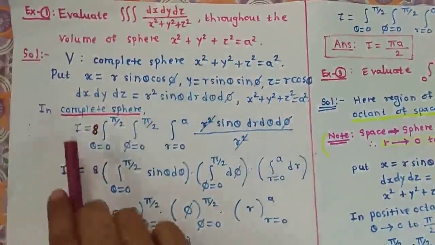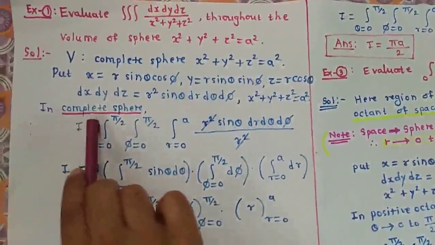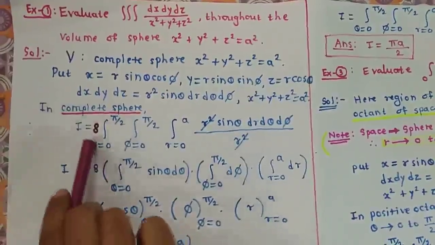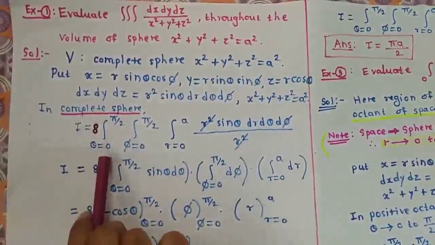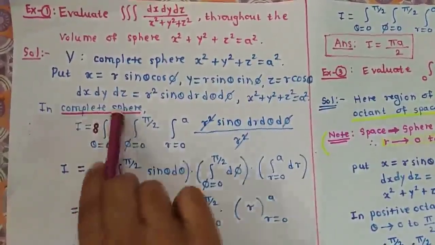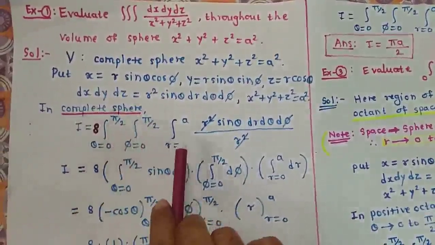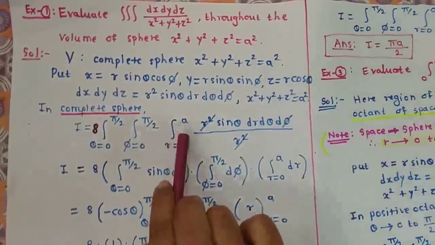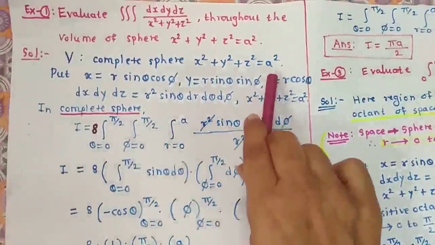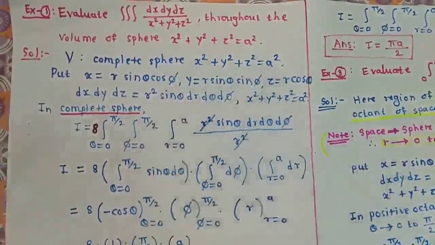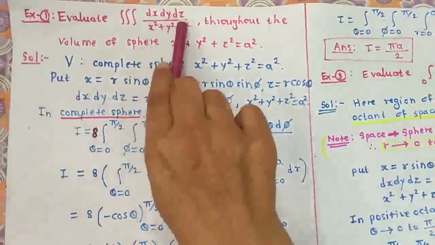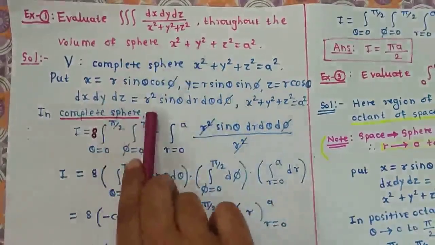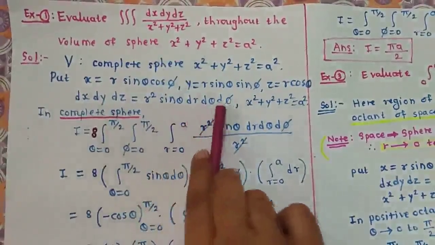Okay, since the region of integration is a complete sphere, we take 8 times the integral with limits: theta and phi from 0 to pi by 2, and r varies from 0 to the radius of the given sphere, so it is a. Now dx dy dz we replace by r square sin theta dr d theta d phi.